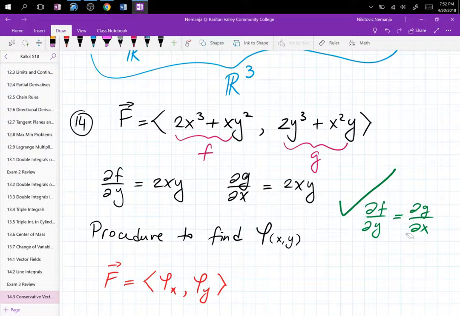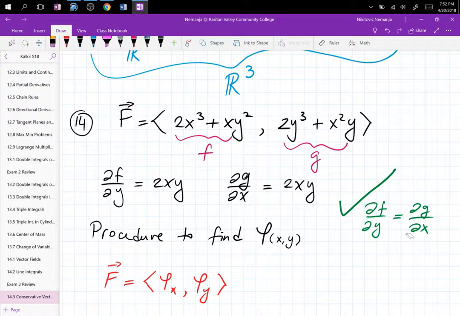This procedure was to go backwards. So quickly to review, when you have your vector field, you have your f and g, and you run the test for a conservative vector field, and first verify that you have a vector field.